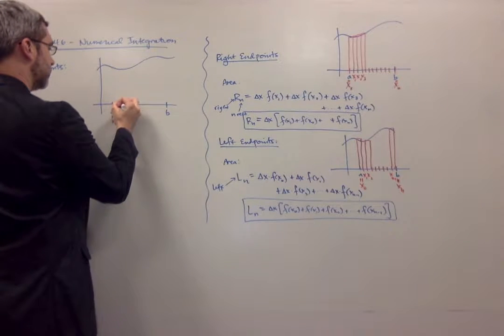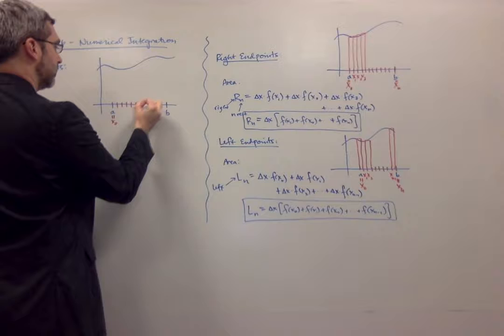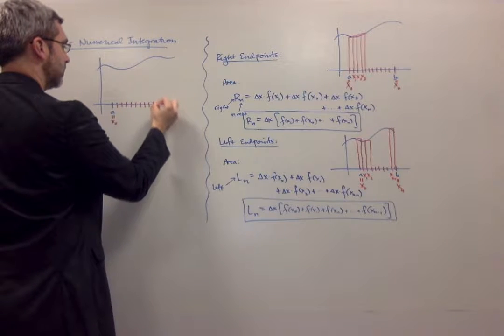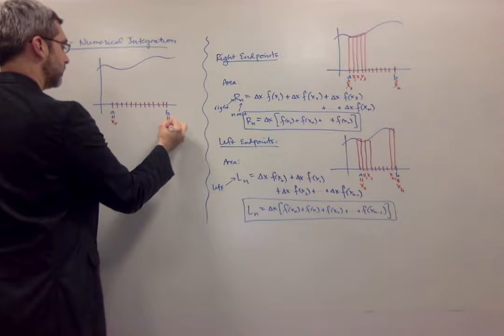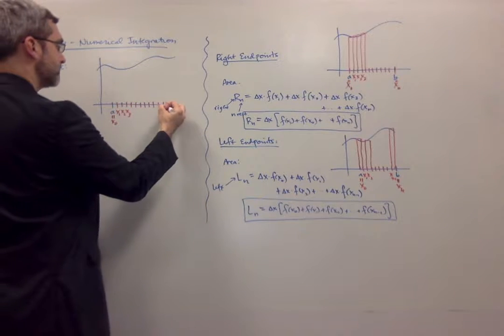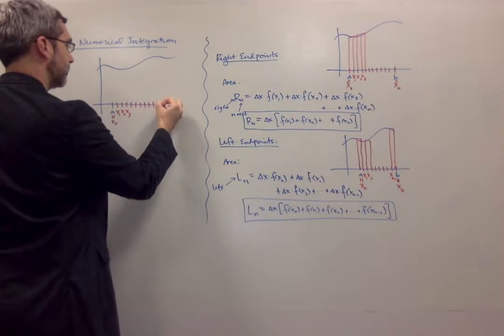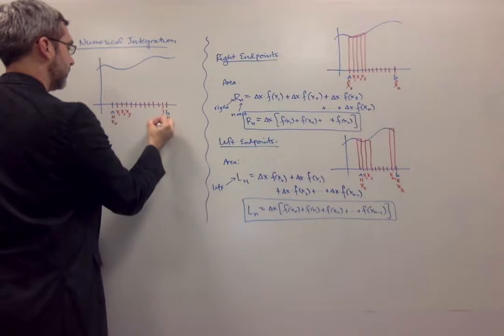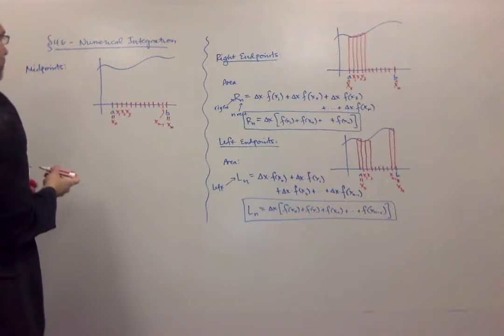Again, x0, x1, 2, 3, 4, etc. Last one's xn. Okay, that's x sub n minus 1.